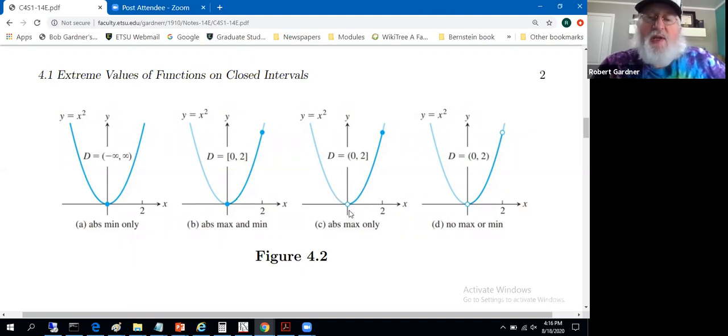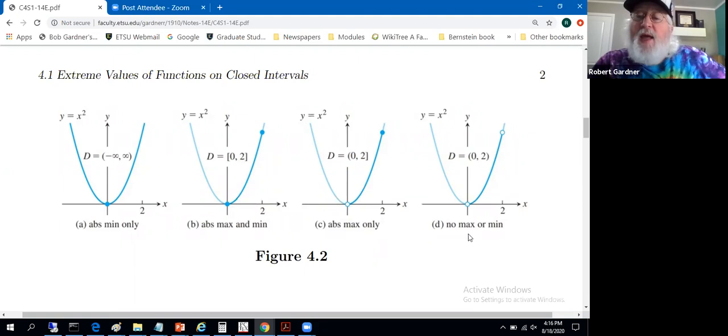But this function does not attain the value 0, even though that's a lower bound on the range of this function. The range is the open interval from 0 to 4. Finding ranges is hard unless you have graphs. Well, we got a graph. So no absolute minimum value on this one.